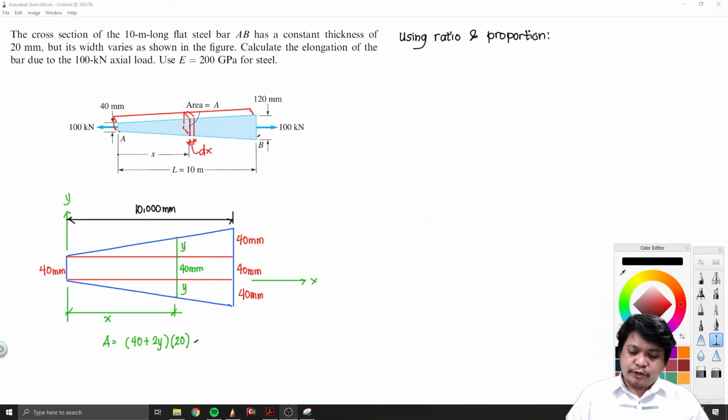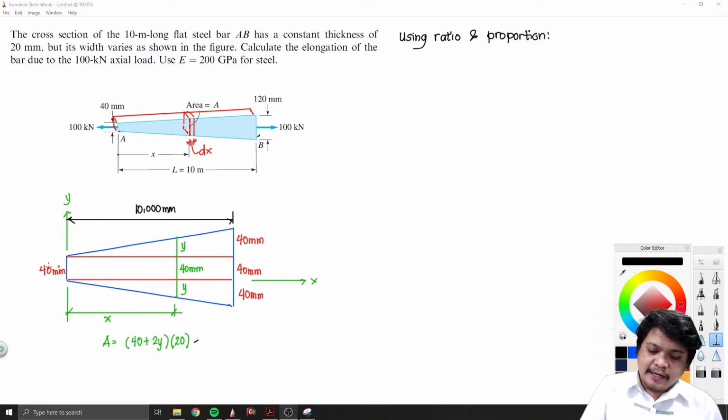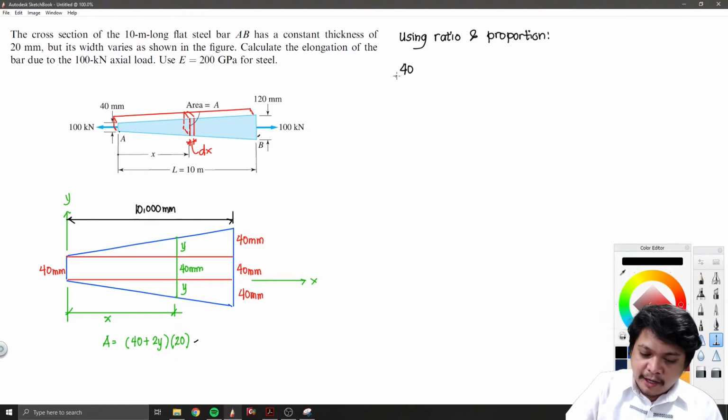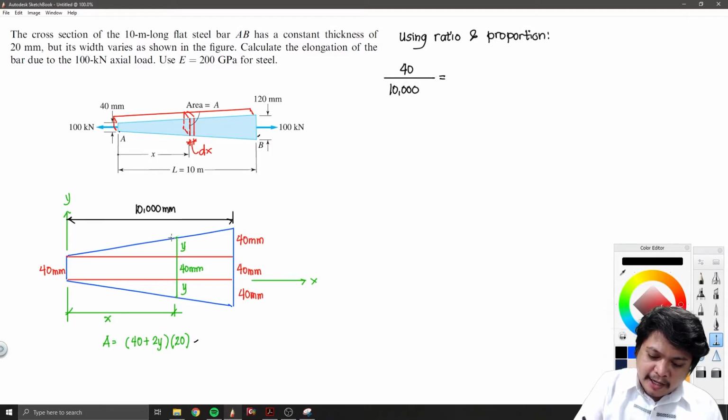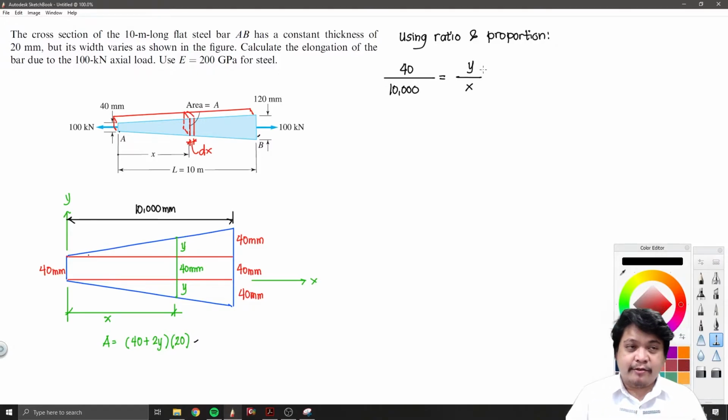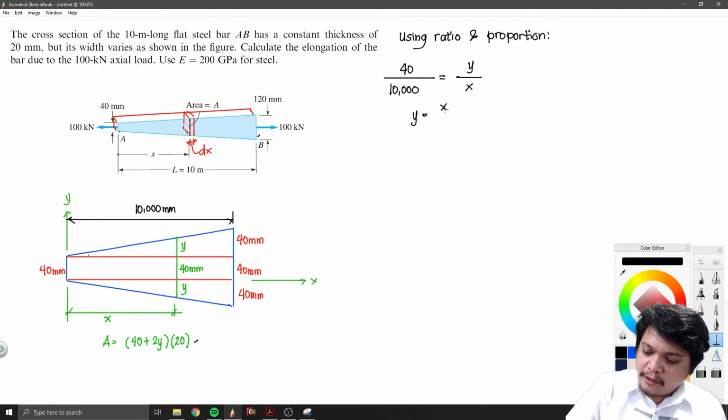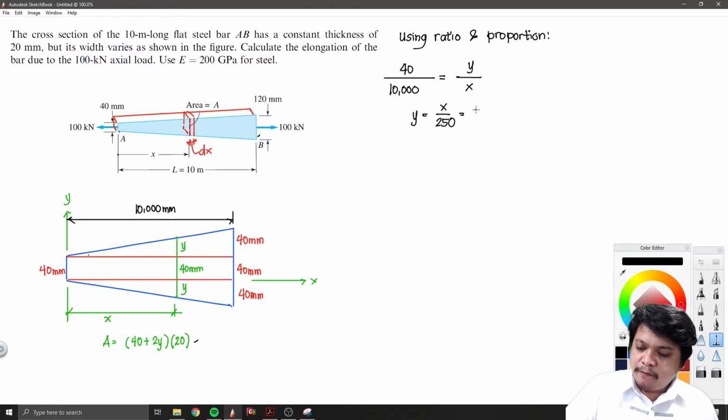Using ratio and proportion, dun tayo sa malaking triangle, yung height niya is 40, and then yung length niya is 10,000. Yung sa maliit na triangle, ang height niya is y, at x niya ay yung maliit. Okay? So, we will find the value of y. So, y is 40 divided by 10,000, so that is x all over 250. Or, that's around 4 times 10 to the negative 3 of x.